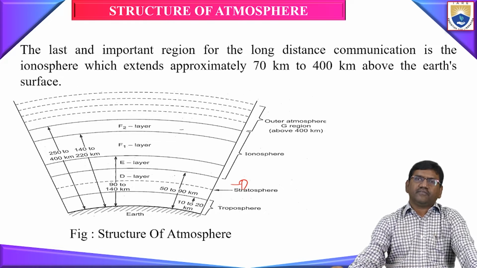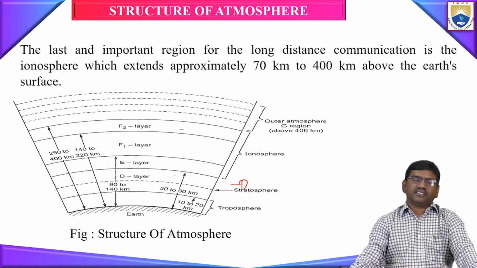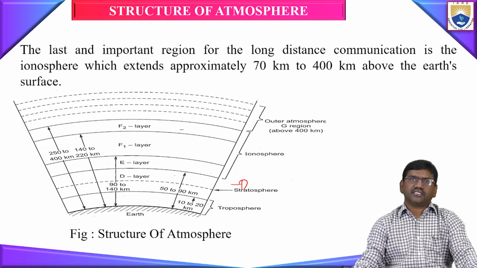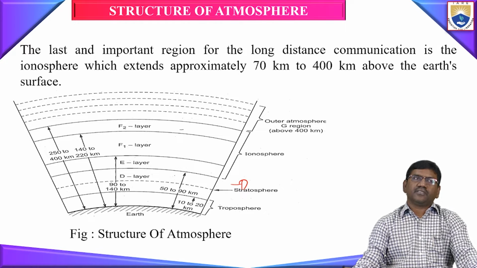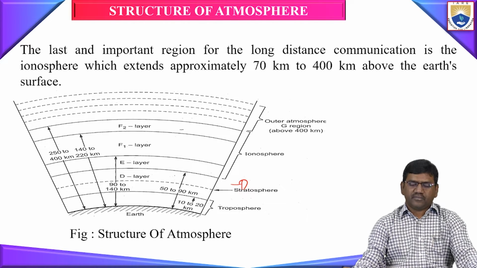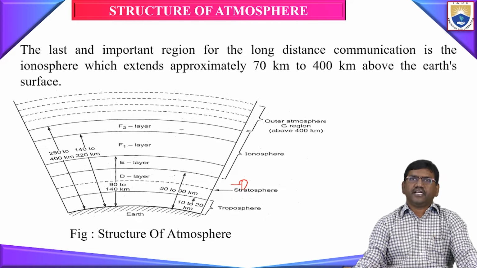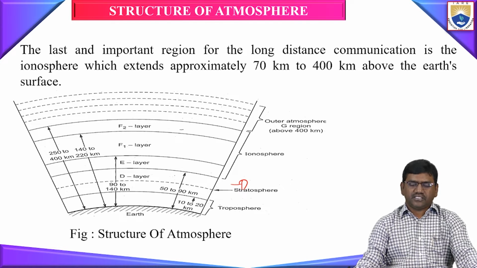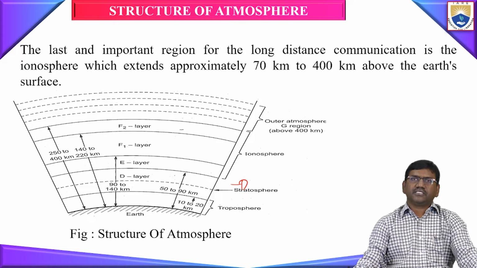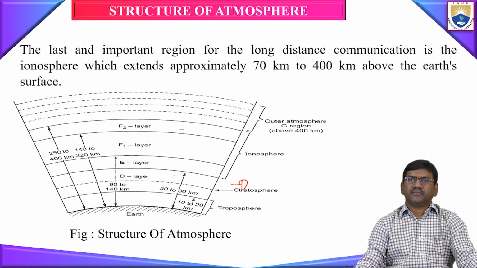So these are the different types of layers, which sometimes exist and sometimes do not exist. Depending upon the temperature conditions of the atmosphere, some layers will exist during daytime and some layers will not exist during the daytime. Some layers exist during the night times and some layers do not exist during the night times.